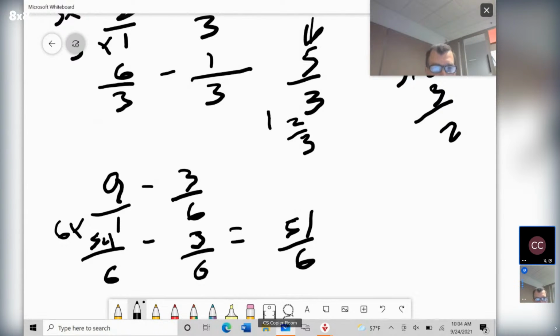Okay, so once again, hopefully you're clued into this. This is going to be an improper fraction. We see the 51 is bigger than the denominator of 6. So what we're going to do is divide the 6 into the 51. And that goes 8 times.